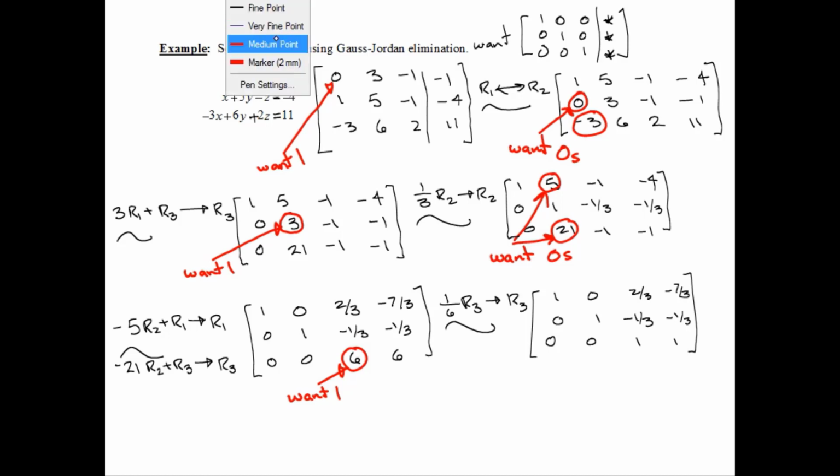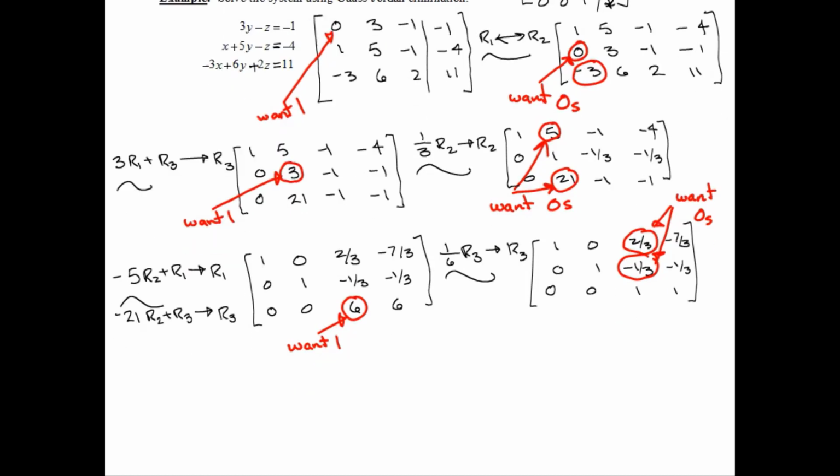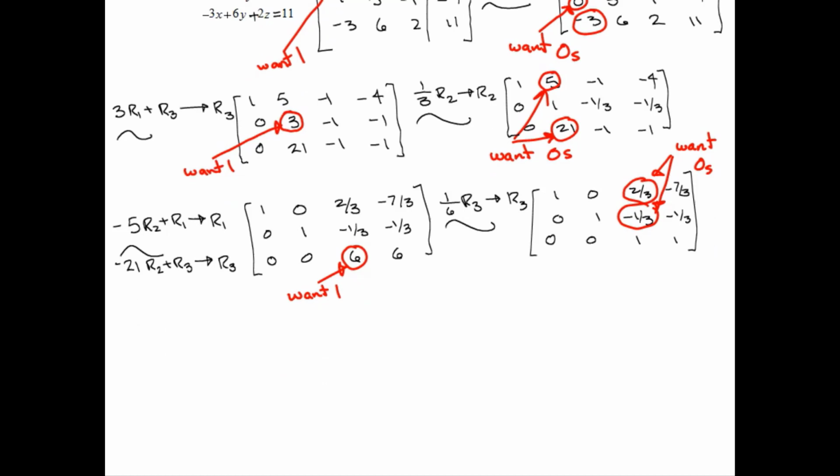Now we want to get zeros elsewhere in that column, so we want to get this and this to be a 0. So we're going to take their opposites, so that looks like -2/3 multiplied by the row with the leading 1, which will be row 3, and then add to the row you're working with.